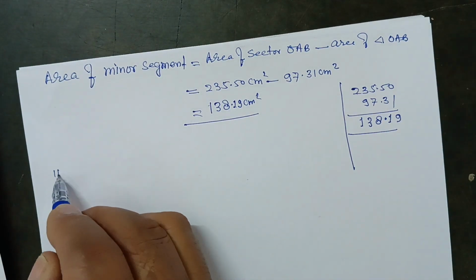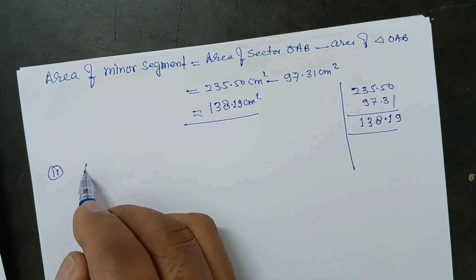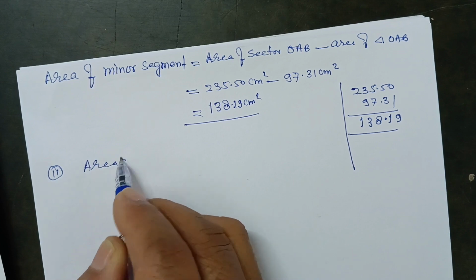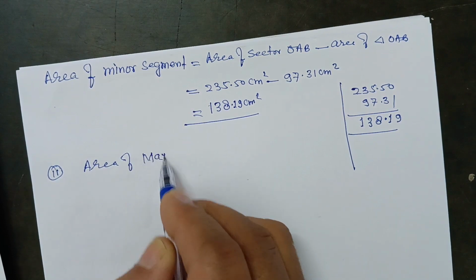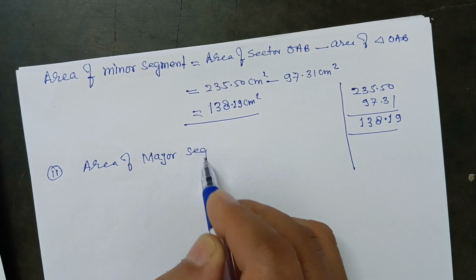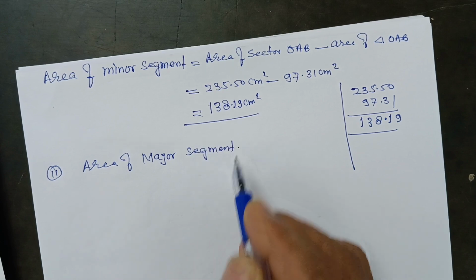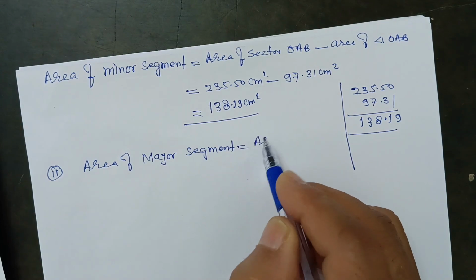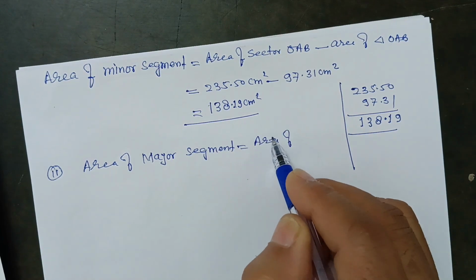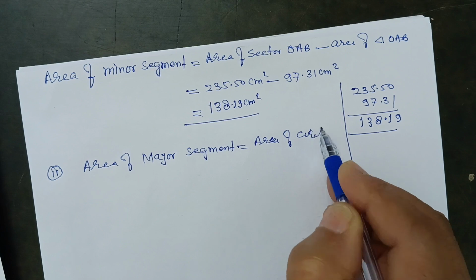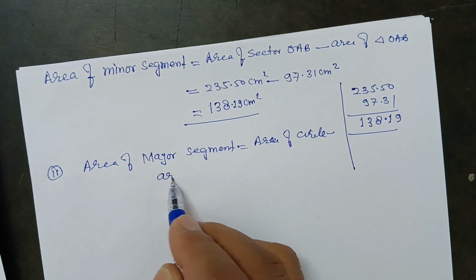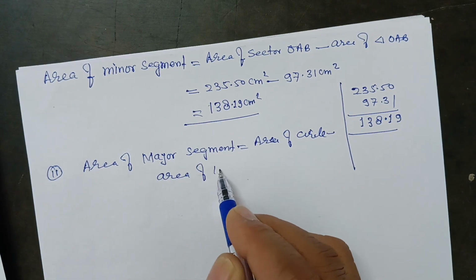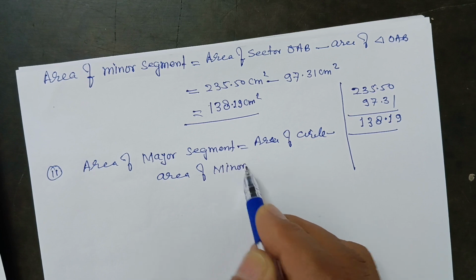Now the second part of the question, for finding the area of the major segment. This is the remaining part of the circle, so it will be equal to the area of the circle minus the area of the minor segment.